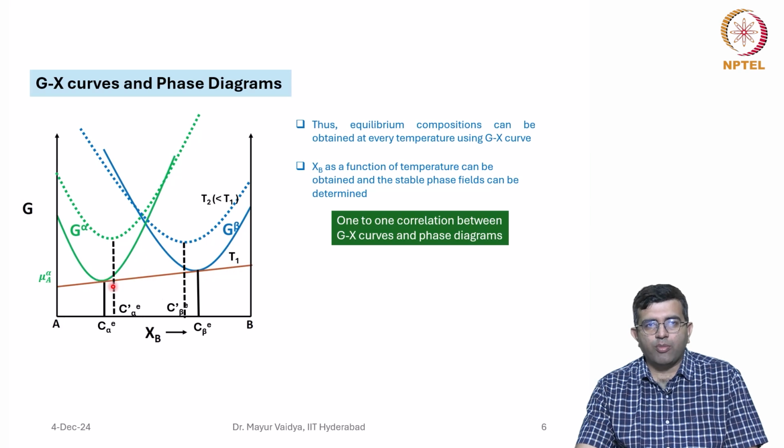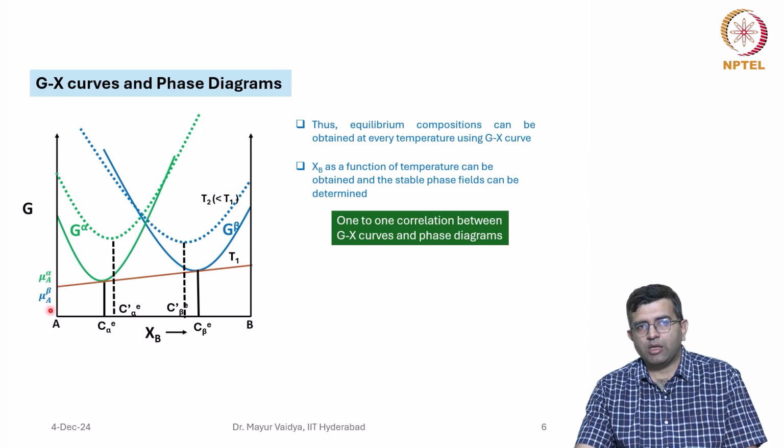Because it is common, when it intersects the A axis, this point not only gives the mu A in alpha, but also the mu A in beta, because this is a tangent to the beta curve also, and a tangent to the alpha curve also. So, wherever it intersects the A axis, it represents not only mu A alpha, but also mu A beta.